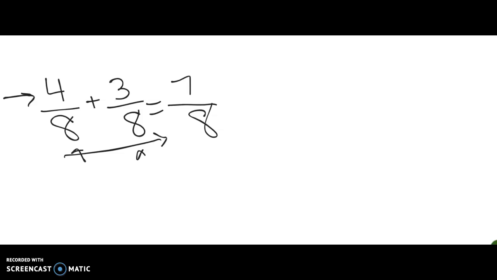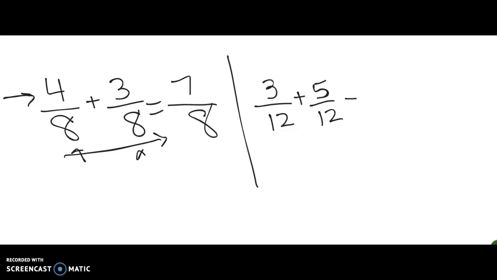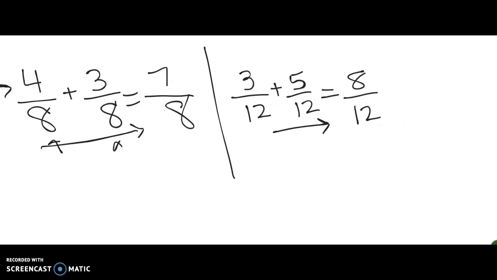Here's another one. Three twelfths plus 5/12. 3 plus 5 is 8. Denominators are the same. Slide them on over. Pause your video, and I'd like for you to answer the following questions.